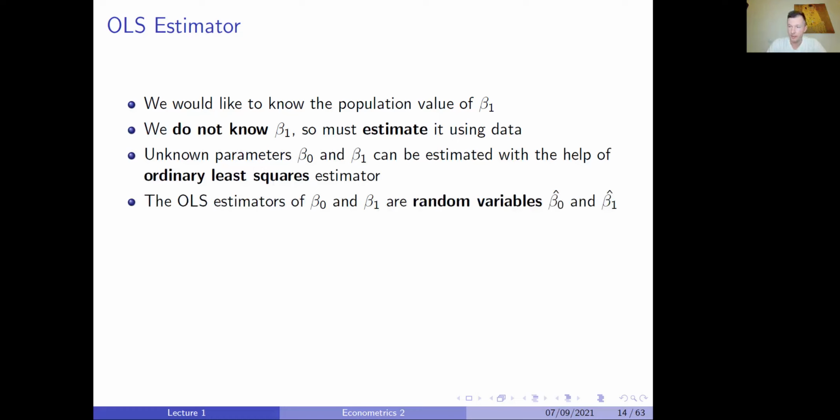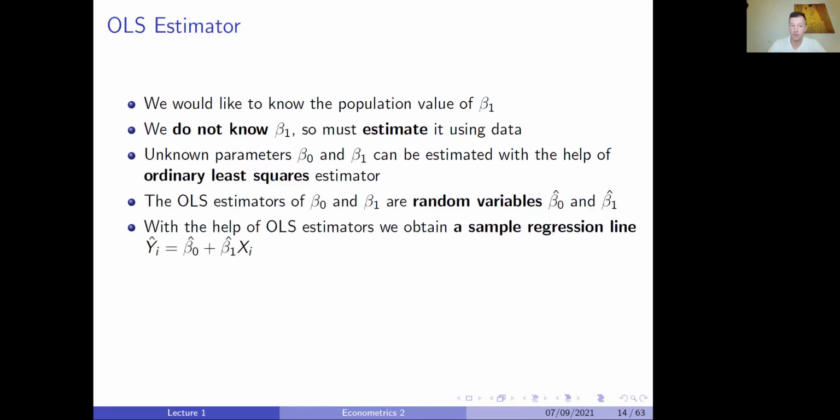We denote estimators with a hat above each letter. Whereas beta 0 and beta 1 are population parameters, their OLS estimators are random variables, and we denote them with beta 0 hat and beta 1 hat. This is important: beta 0 hat and beta 1 hat are random variables. Later we will discuss why they are random.